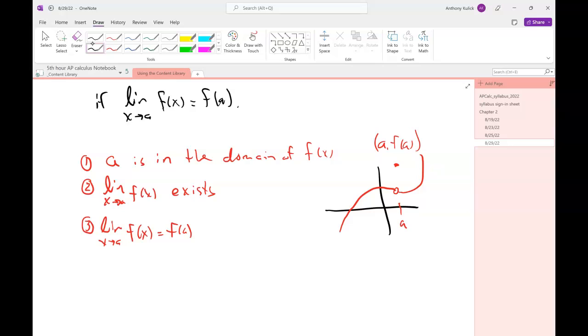So what we're often most interested in are the discontinuities. So the places where the graph fails to be continuous.